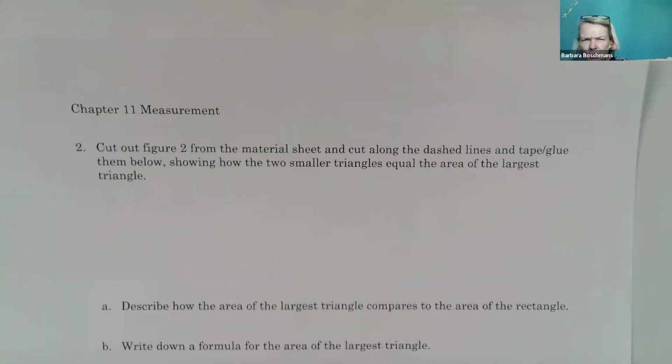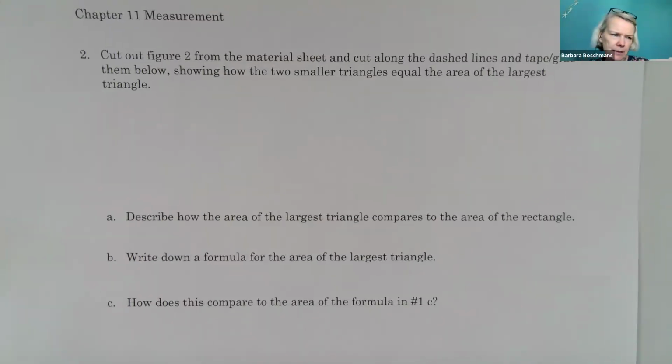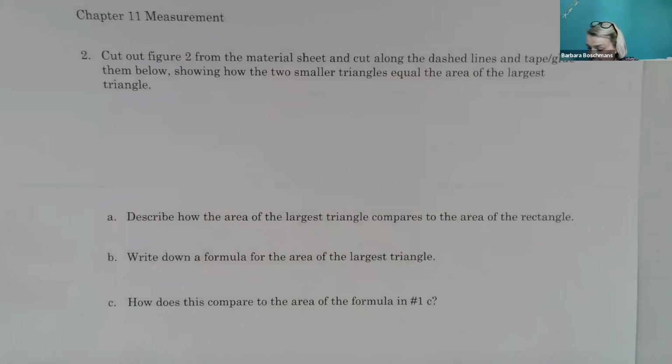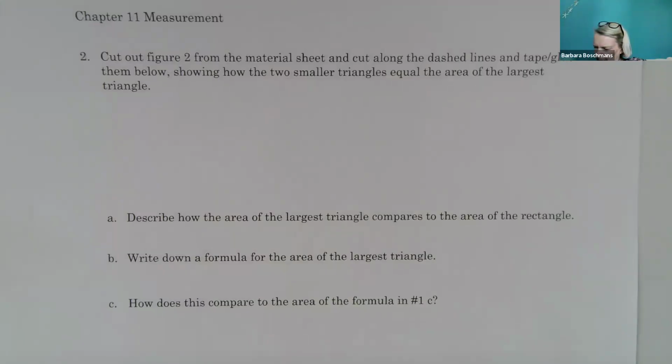We'll go to number 2, and we're going to cut out shape 2. It's another rectangle, but then there are 3 triangles inside this one. The second activity is going to be about showing that the formula we found for the area of the triangle works inside any triangle, even a non-right triangle.